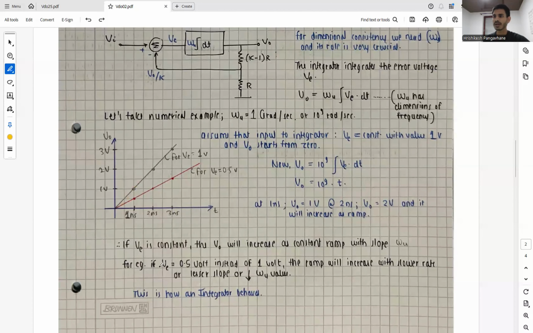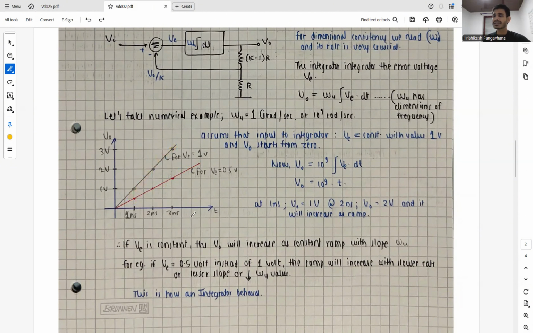For example, if we decrease the value of VE from 1 to 0.5 volt, again keeping it constant, the ramp will increase at a slower rate, with lesser slope. So this is the ramp for V equals 0.5 volt, and this is for V equals 1 volt.